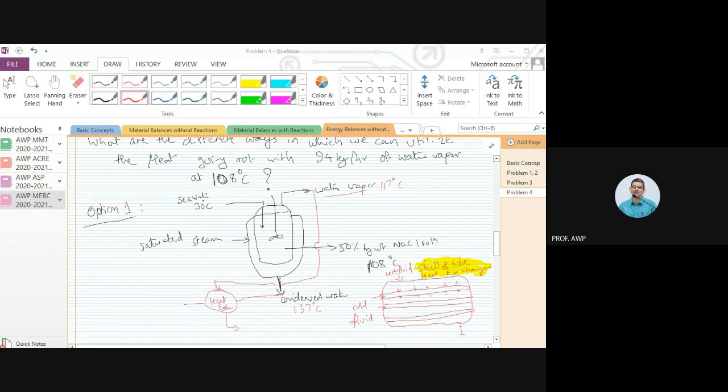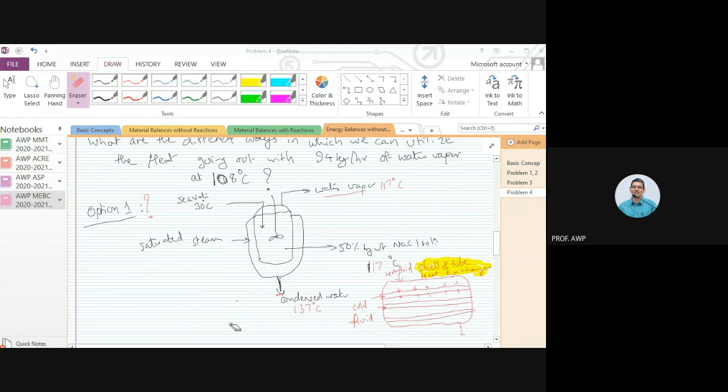So do you think something that is at 117 degrees centigrade can give heat to something that is at 137 degrees centigrade? No, sir. So we would need to heat the water vapor above 137 degrees Celsius, which means we will need to have some other source of heating, isn't it? Yes, sir. So you need to think more about this option.